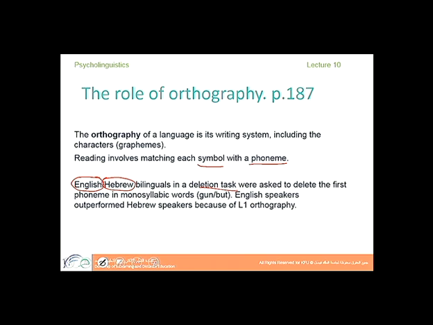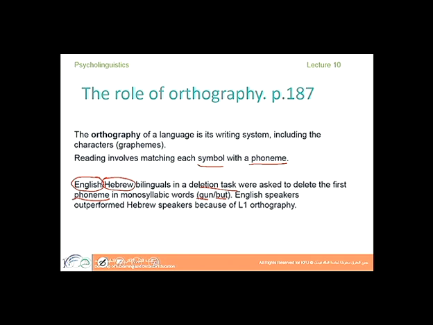They were asked to delete the first phoneme in a monosyllabic word. So they would give them words like gun or but. And then they asked them to delete the first phoneme. Remember, phoneme, not sound, not letter.